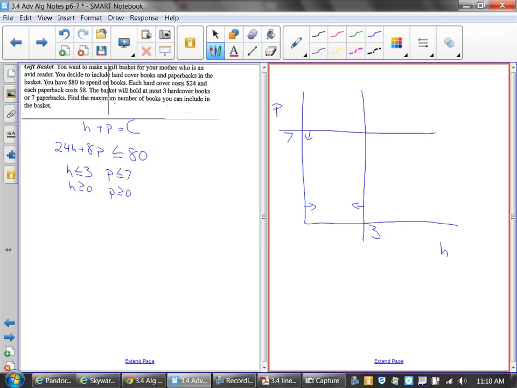So right away, I'm within that rectangular shape. Now it's just a matter of cover and solve. All right, so P-intercept is 10. H-intercept is 4. No. Nope. You have the calculator in front of you, right?